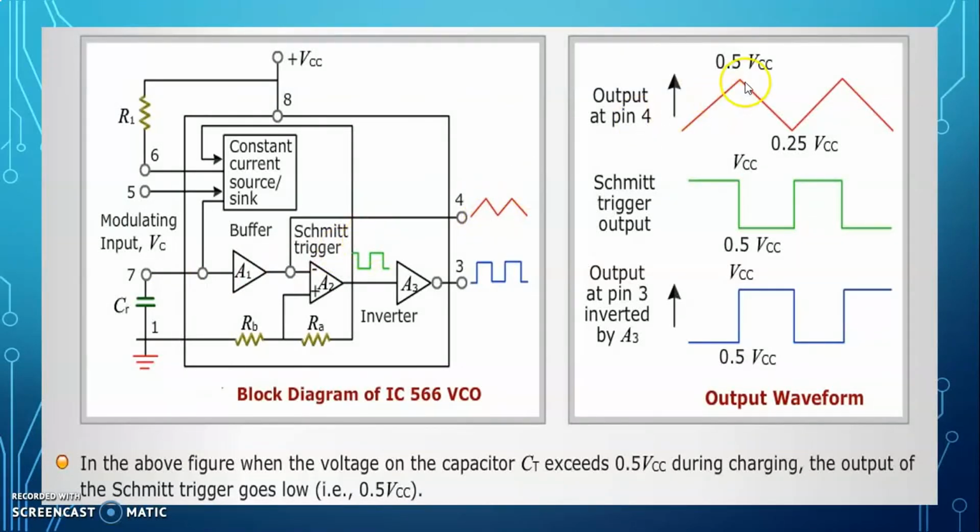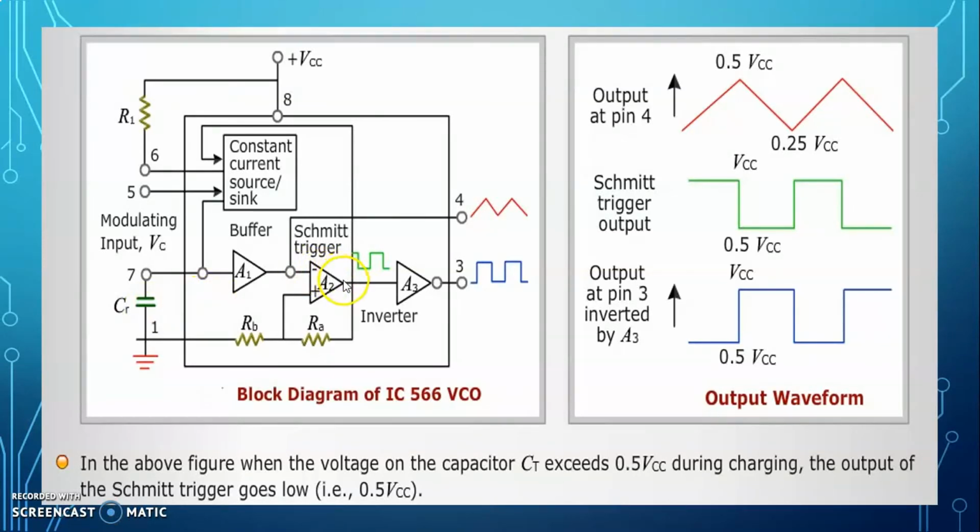That is, the capacitor discharges from 0.5 VCC to 0.25 VCC. At one stage, the voltage across the capacitor becomes less than 0.25 VCC.